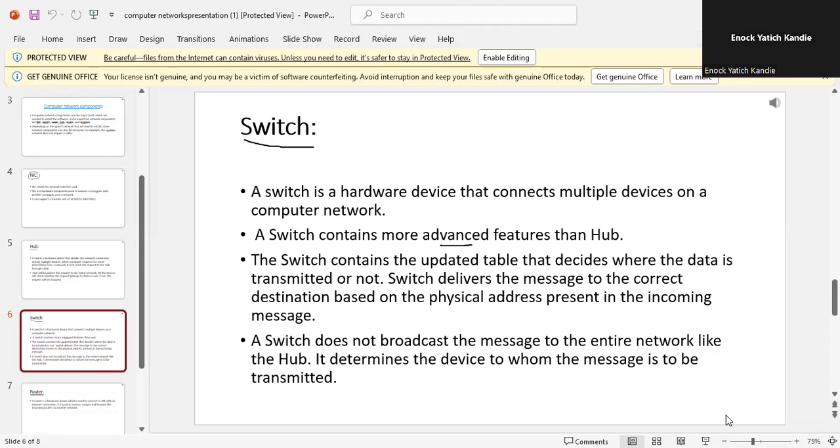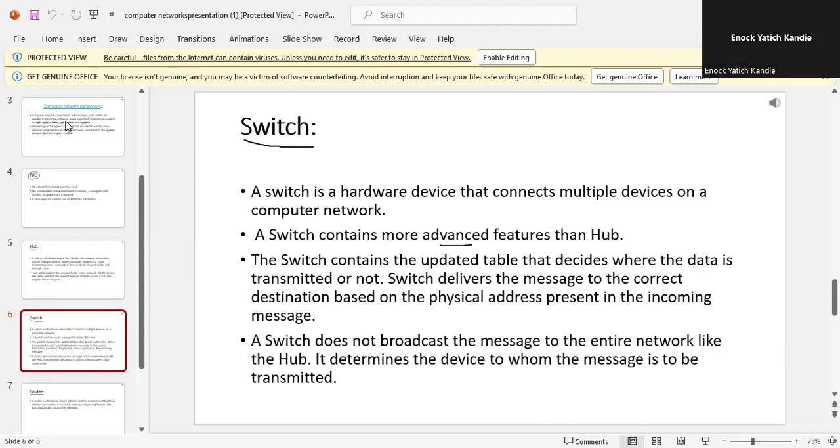A switch delivers the message to the correct destination based on the physical address present in the incoming message. A switch does not broadcast the message to the entire network like a hub. So it determines the device to which the message is to be transmitted. I hope you can now relate the difference between a switch and a hub.